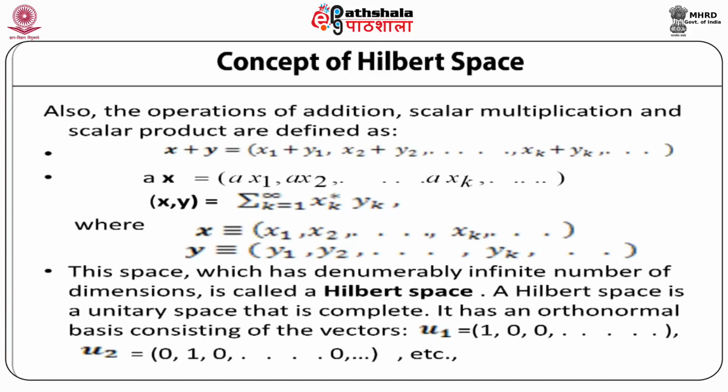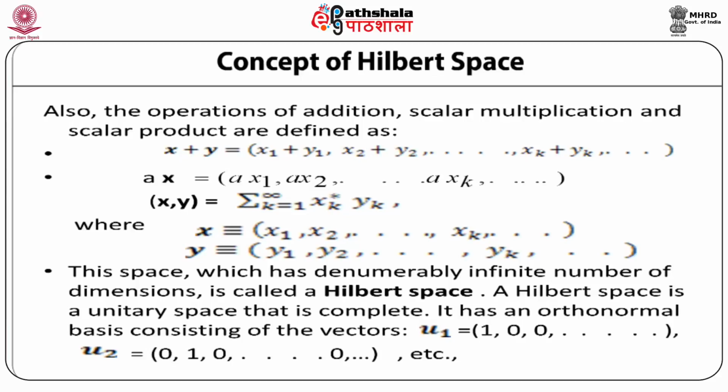Concept of Hilbert space. Now we will discuss the concept of Hilbert space and the various properties that are associated with it. So, we start with discussing the operations of addition, scalar multiplication, and scalar product in the Hilbert space. First of all, we start with the operation of addition.